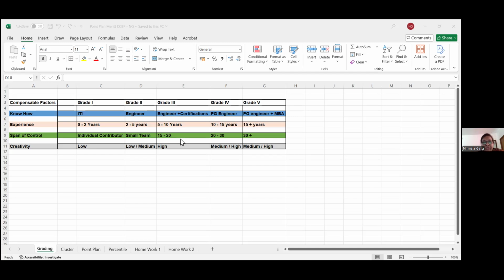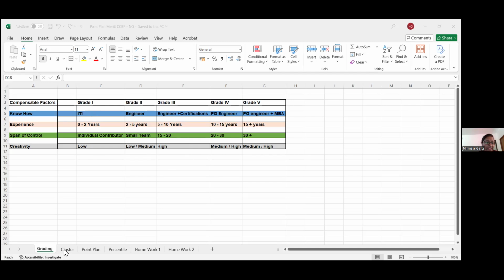What you need to do is job grading. When we say job grading, I want you to take any 20 positions, do the evaluation and then slot them into grade 1, grade 2, grade 3, grade 4.